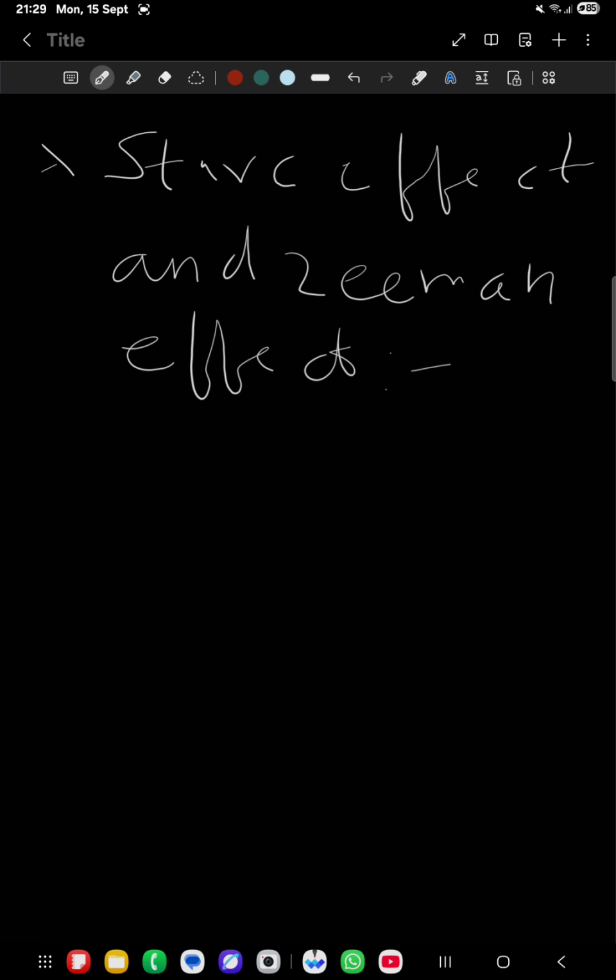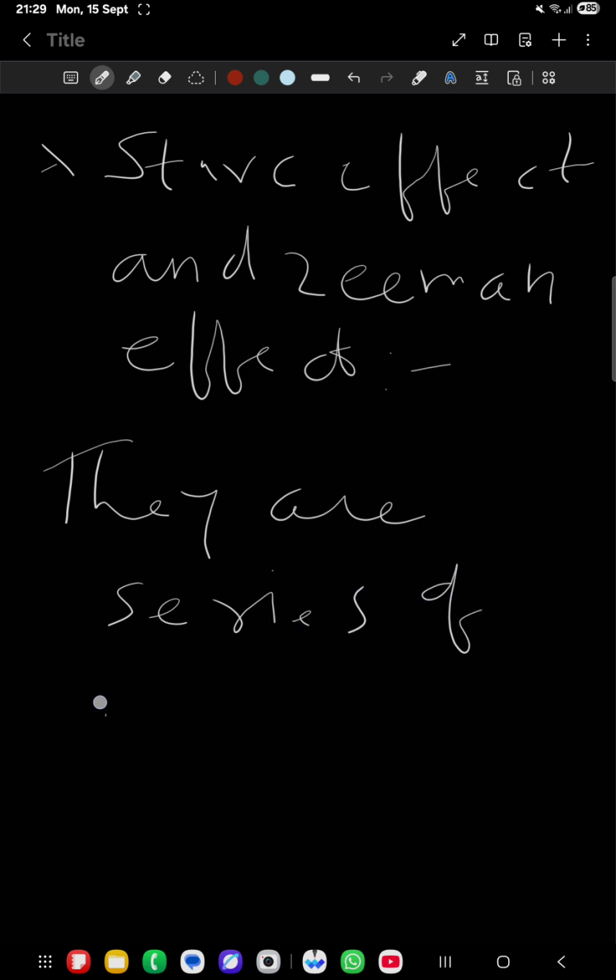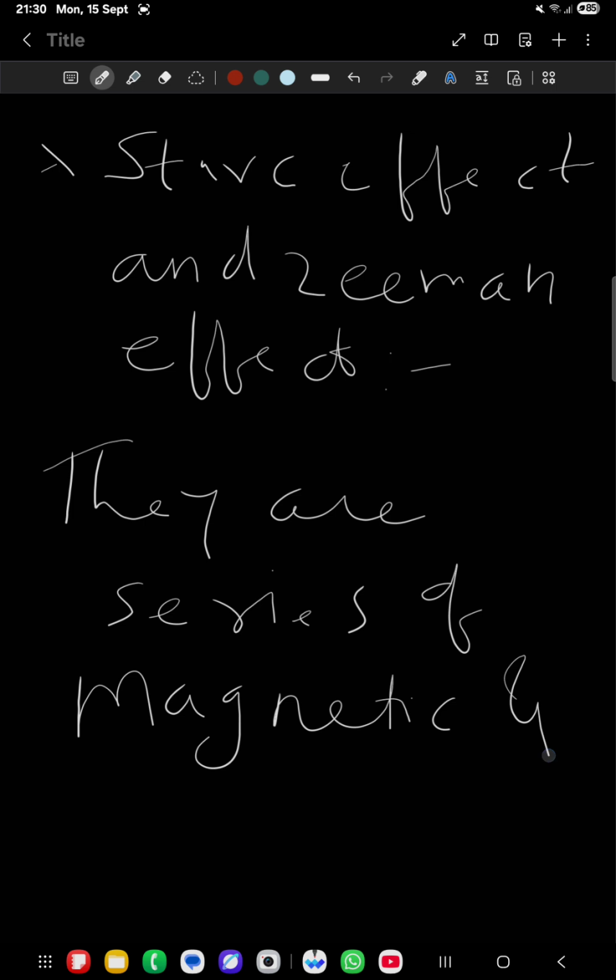If you want to understand Stark effect and Zeeman effect generally, they are series of spectral series of magnetic and electrical field lines.